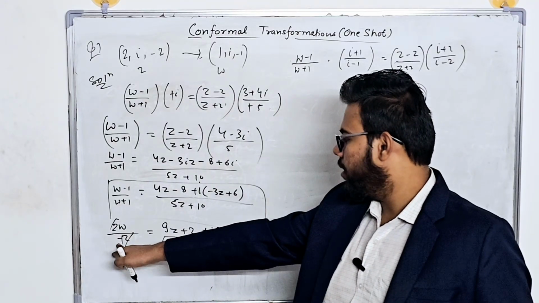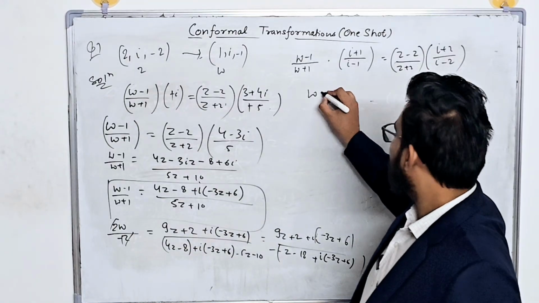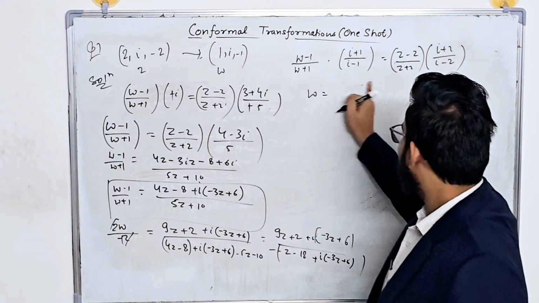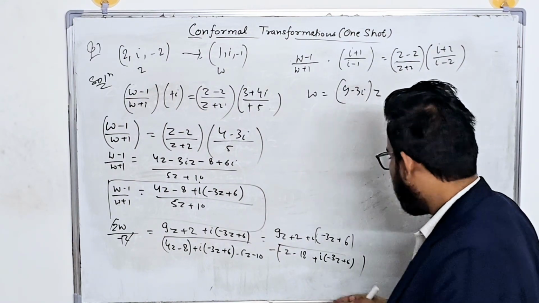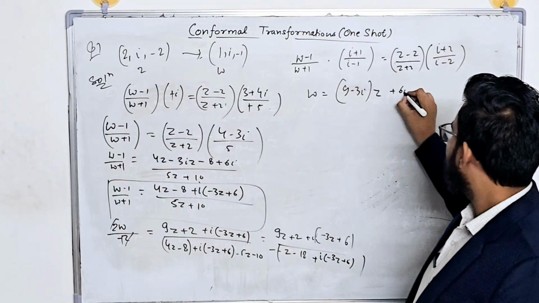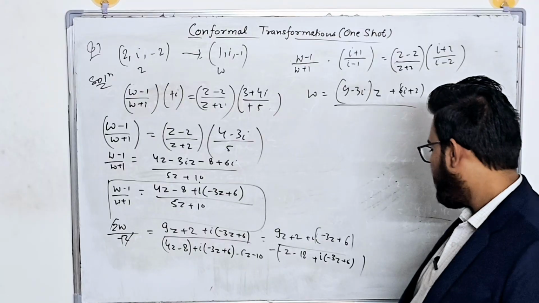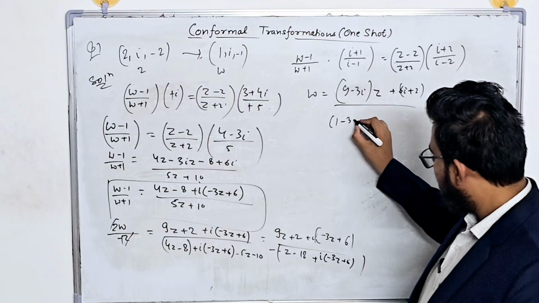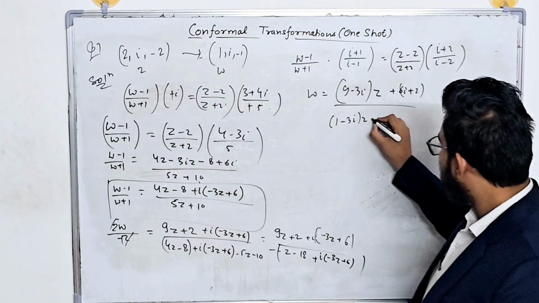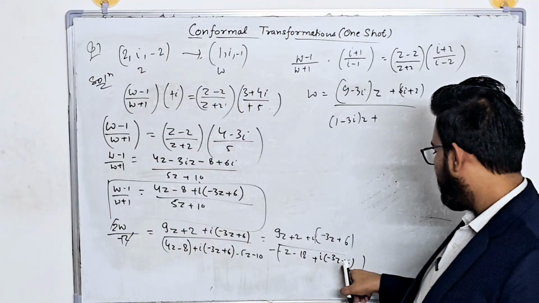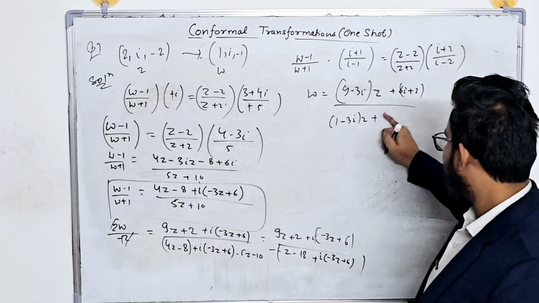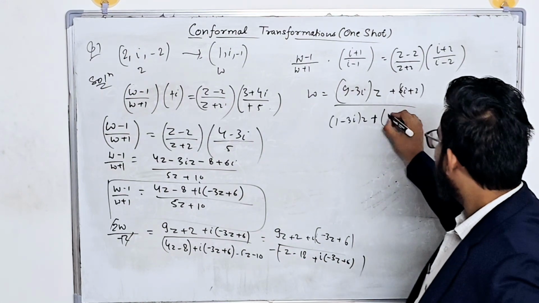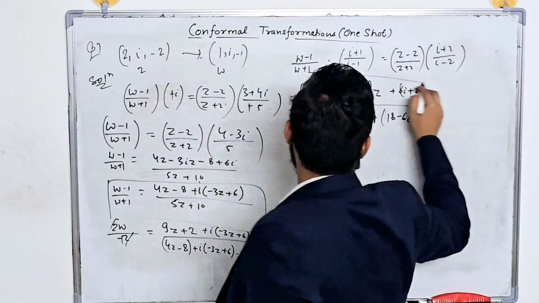We just multiply both sides by negative 1, so we will get w is equal to (9 - 3i) times z plus (6i + 2), divided by the expression (1 - 3i) z plus the expression 18 and over here minus 6i. So we can simply write this as 18 - 6i, right? So this is the value of w, right?